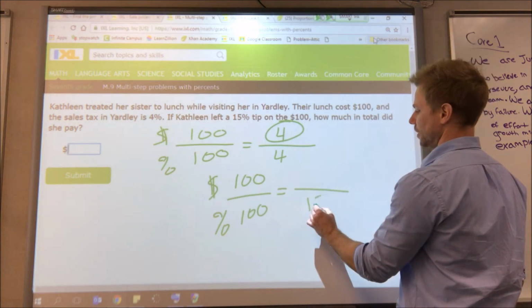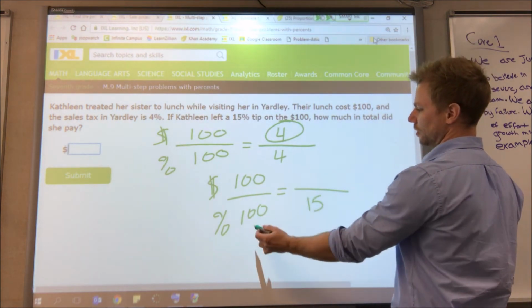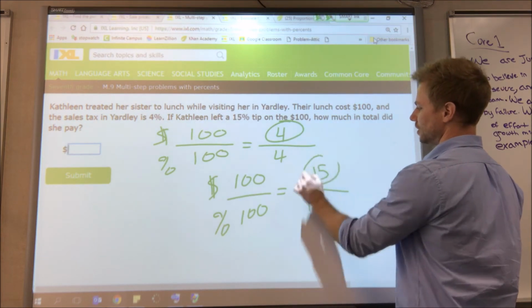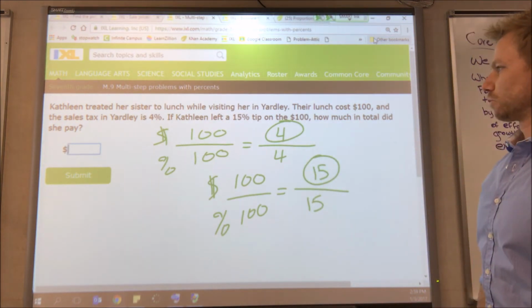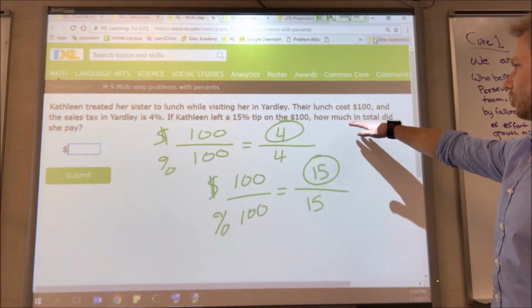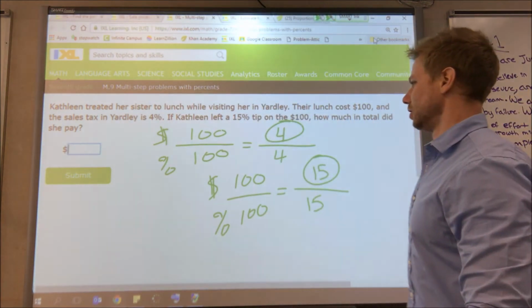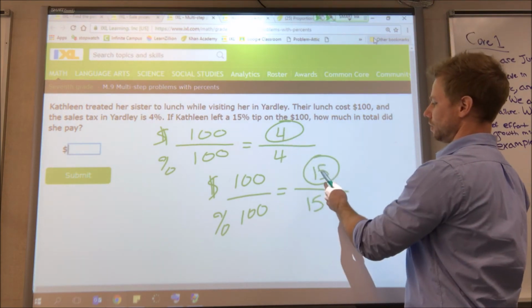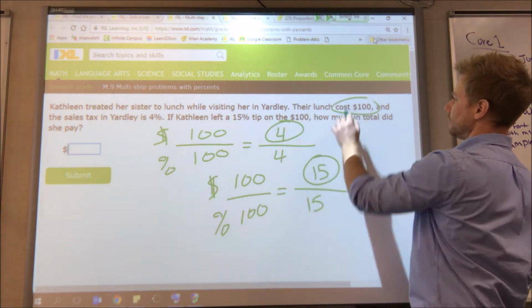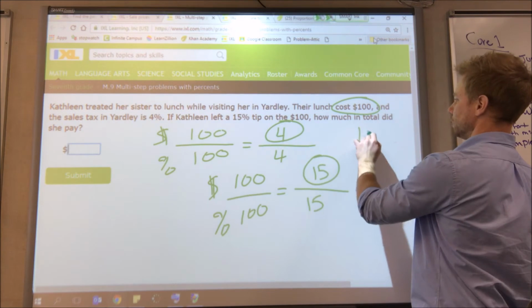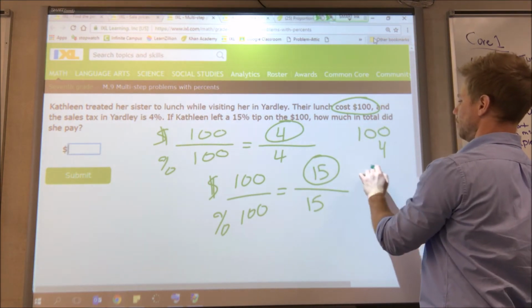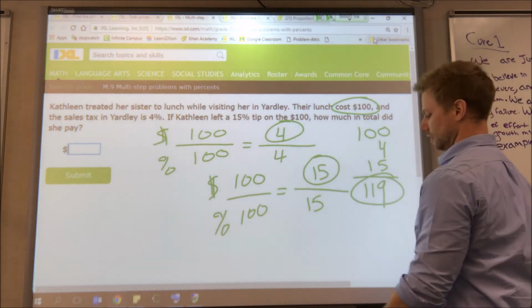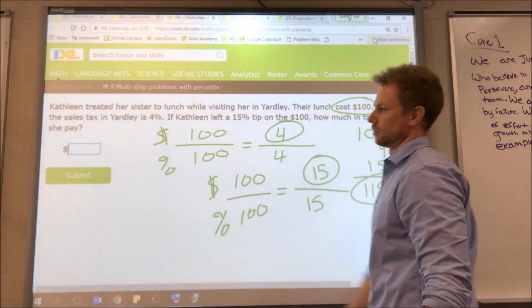We want to know what 15% is. If $100 is 100%, $15 is 15%. Okay? We want to know how much it costs total. We have three numbers making up our total cost: our tax, our tip, and then the original cost, 100. So we add all of those together to get our total cost.